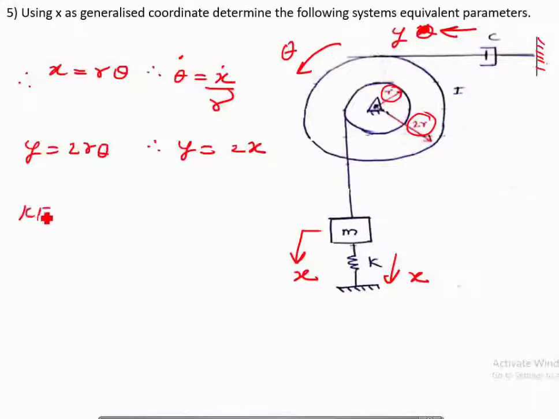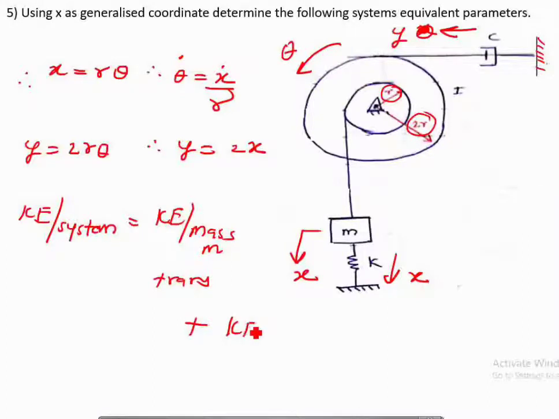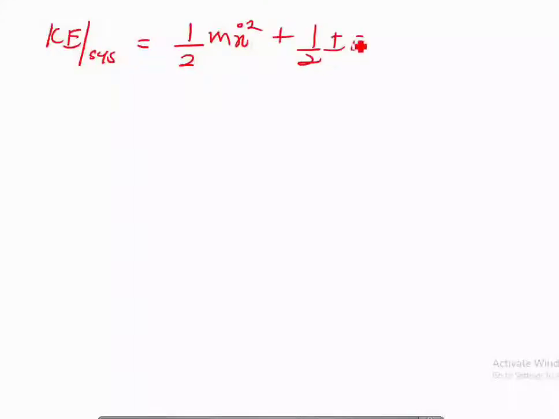Now let me find the kinetic energy. The kinetic energy of the system is equal to the kinetic energy of mass m, translational, plus the kinetic energy of the pulley, rotational. For the mass it is one half m x dot square, and for the pulley one half I theta dot square.